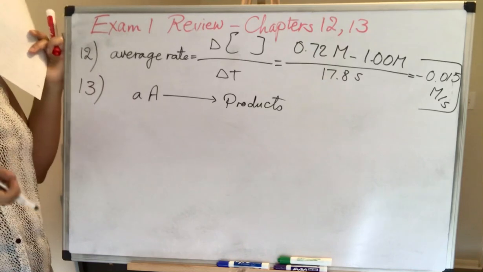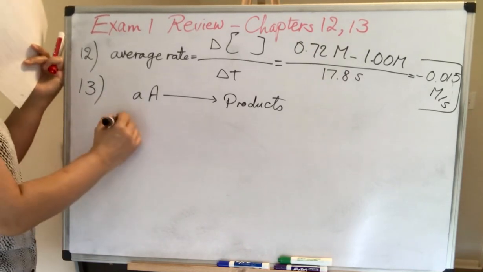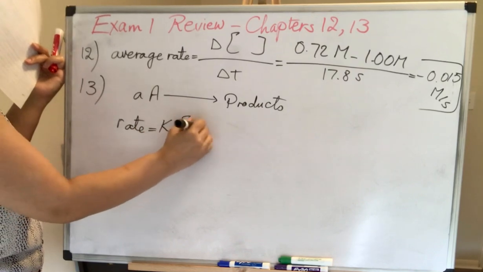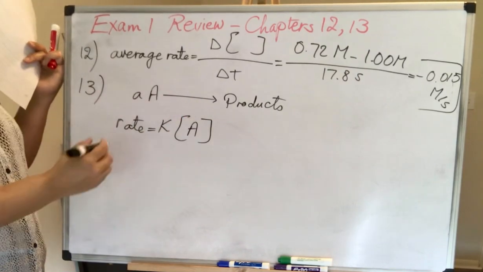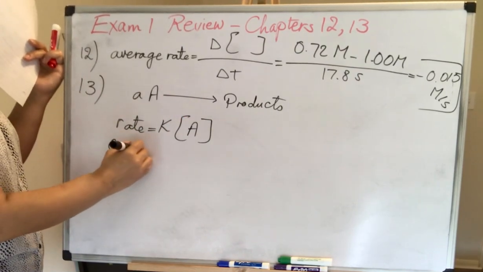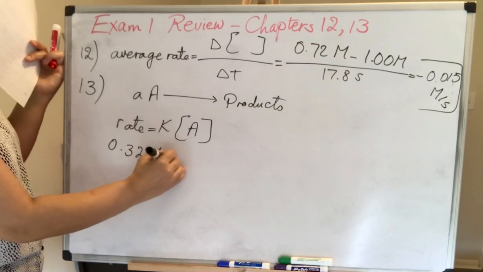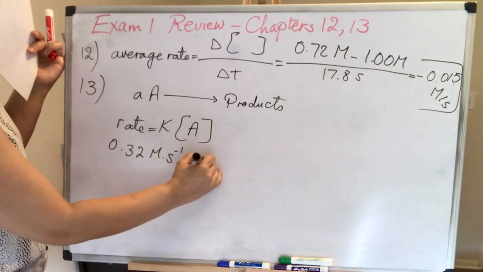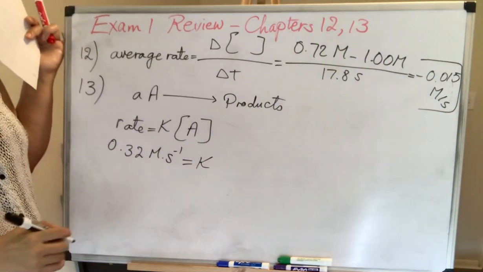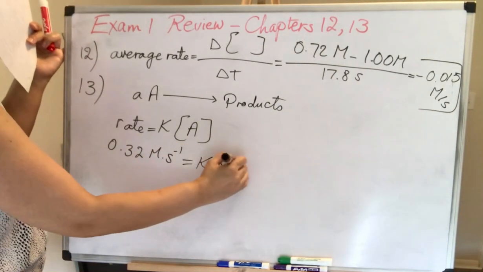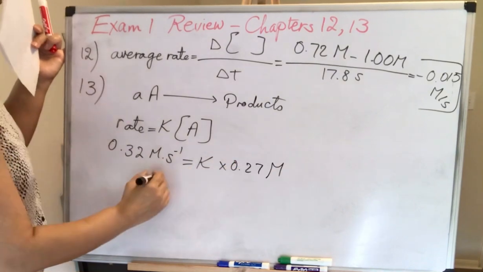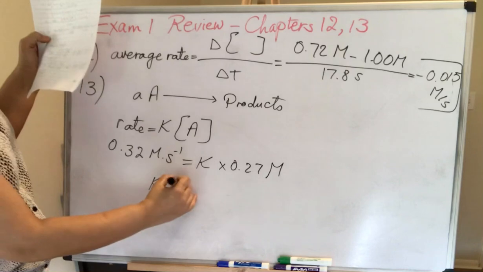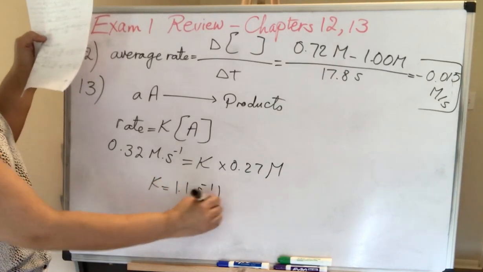It's not the integrated rate law. So you just write down the rate law for a first order reaction. The rate is given as 0.32 molar per second. And you are going to find K, rate constant, times 0.27 molar. So K is, when you divide them by each other, 1.1 per second.